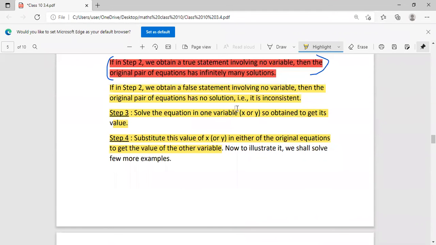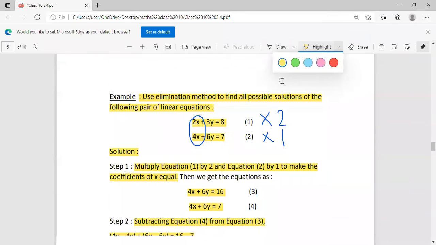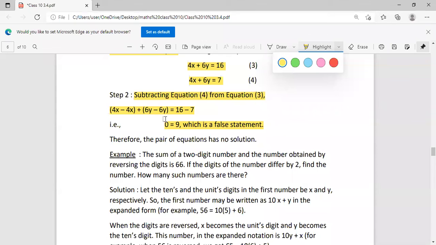As we had seen in this explanation, if in step 2 we obtain a false statement involving no variable, then the original pair of equations has no solution, that is, it is inconsistent. Here 0 is equal to 9 is a false statement. If you came like this, you can stop moving further and write that the pair of equations has no solution.